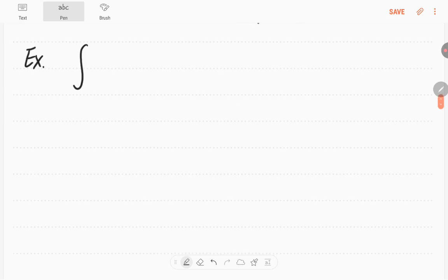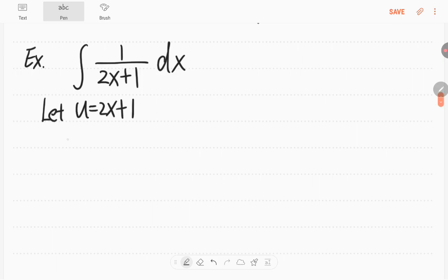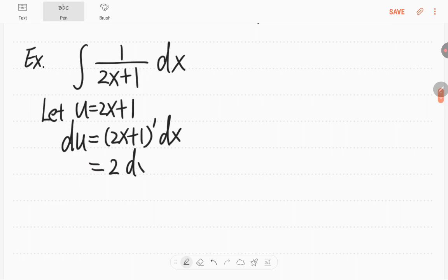Next example: the integral of 1 over 2x plus 1 dx. Same idea, we let u equal 2x plus 1, so du is equal to the derivative of 2x plus 1 times dx, which is 2 times dx. So dx is equal to 1/2 du.